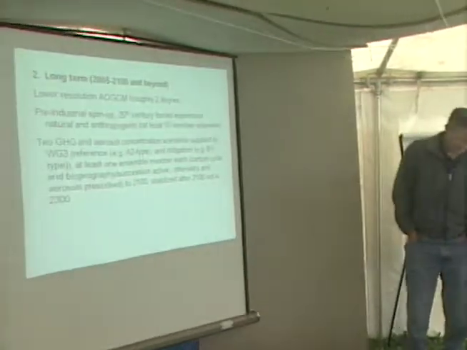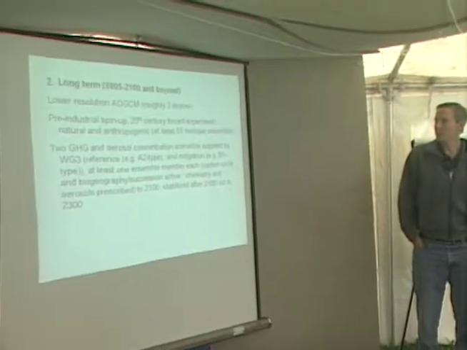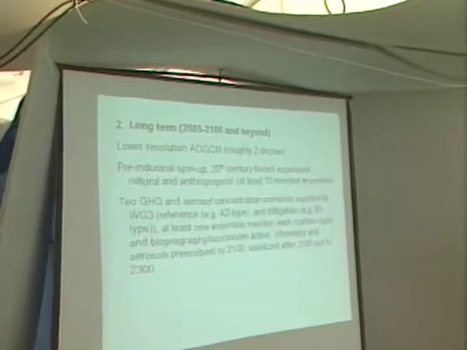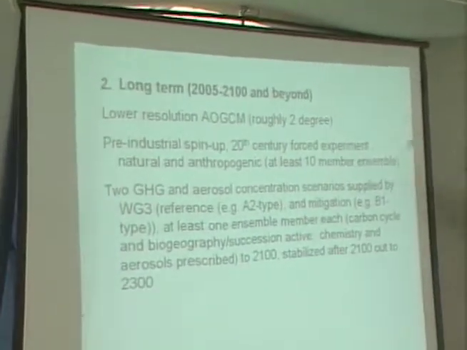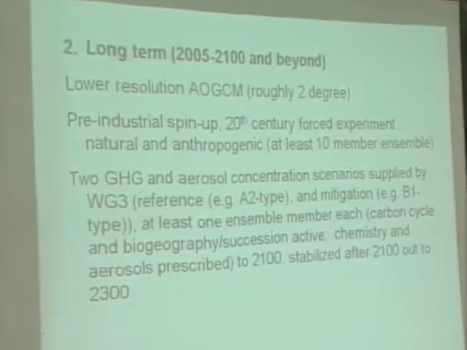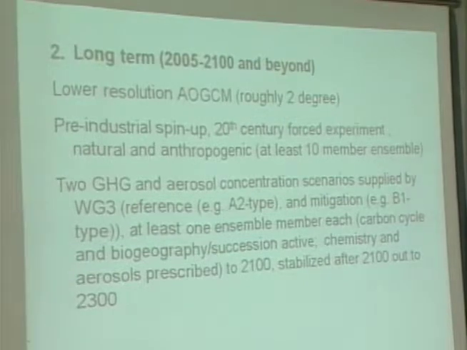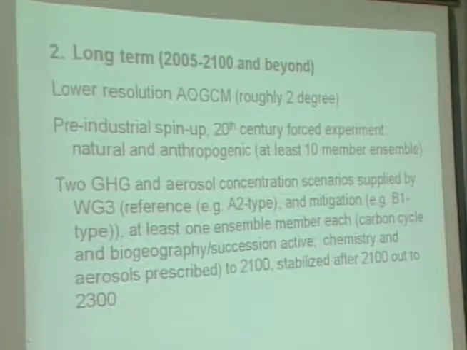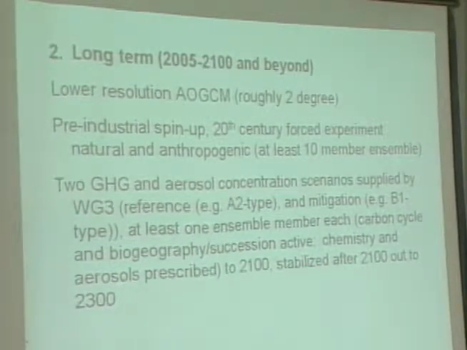Now we've spent some time earlier this morning talking about the long term, but I think the general idea would be that these would be lower resolution AOGCMs, and they'd have Earth system type components in them, including carbon cycle.